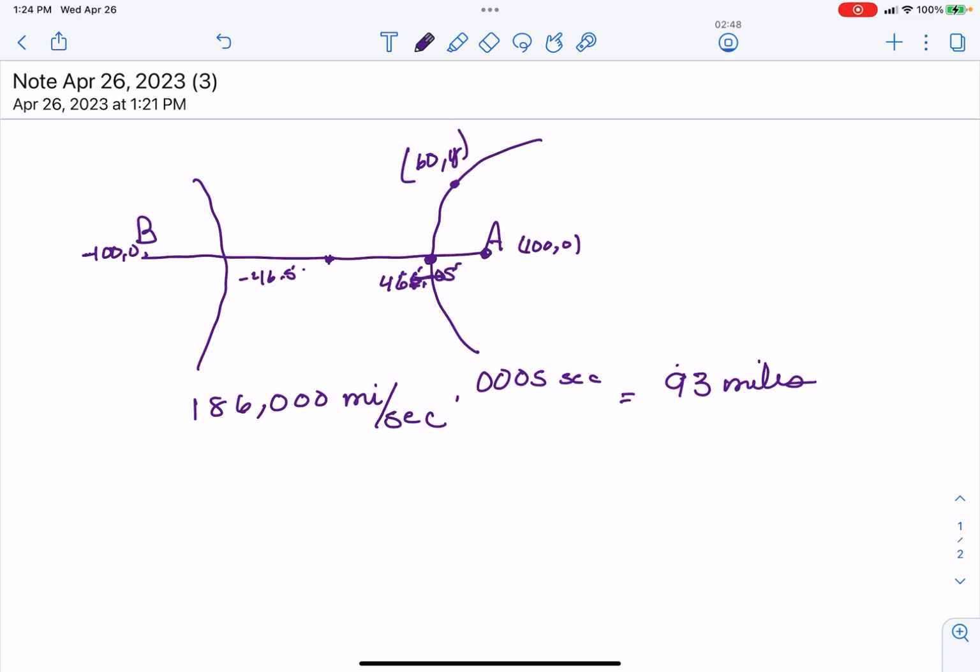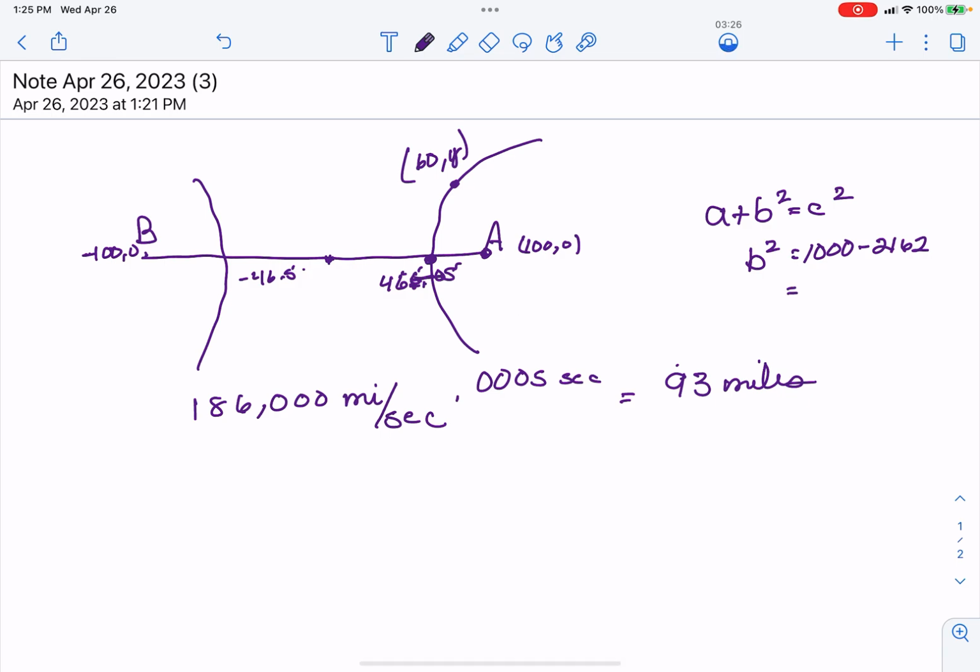Okay, so we know what a is. It's 46.5 miles. We can figure out b because we know c. With these hyperbolas, a squared plus b squared equals c squared. We know a is 46.5 squared, and we know c is 100 squared. 100 squared is 10,000, and 46.5 squared is 2,162.25.